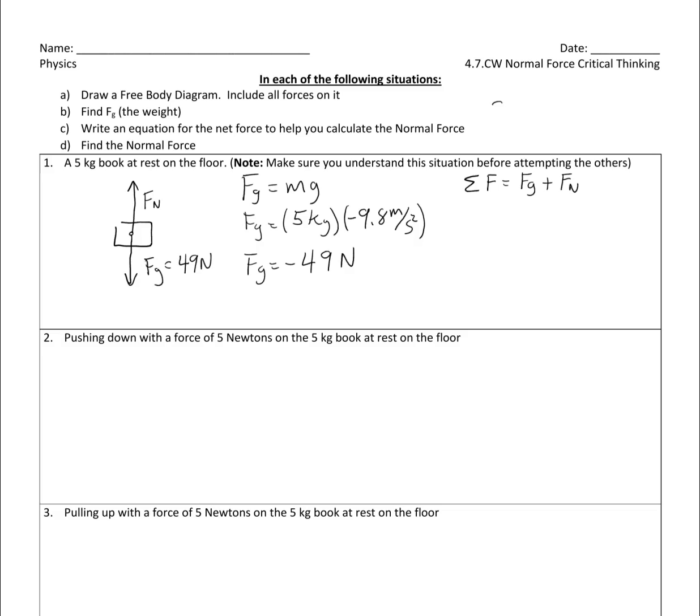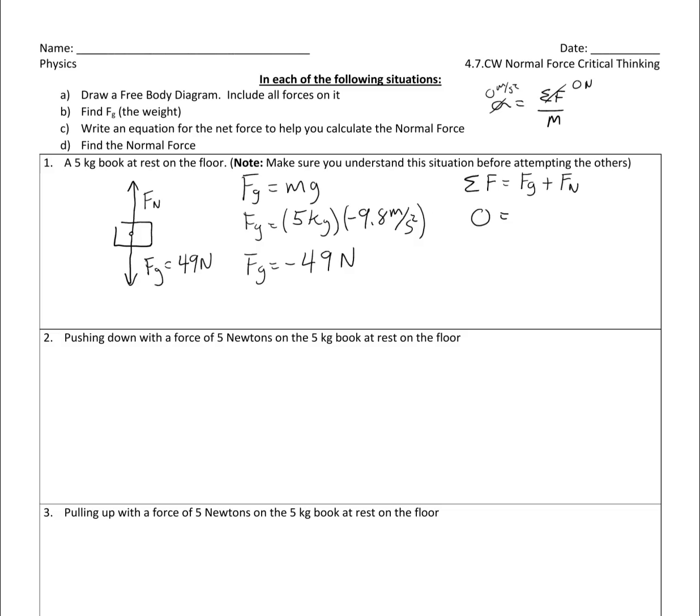If we look at Newton's second law, it says the net force divided by the mass is equal to the acceleration. If the acceleration is 0, that means the net force must be 0 newtons. So that's how we know that the net force is 0 newtons.